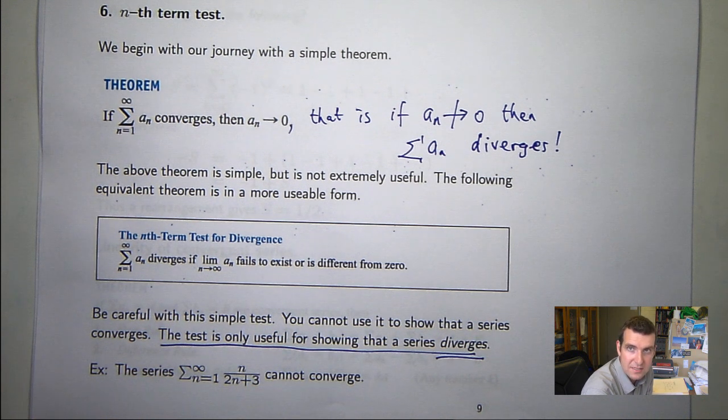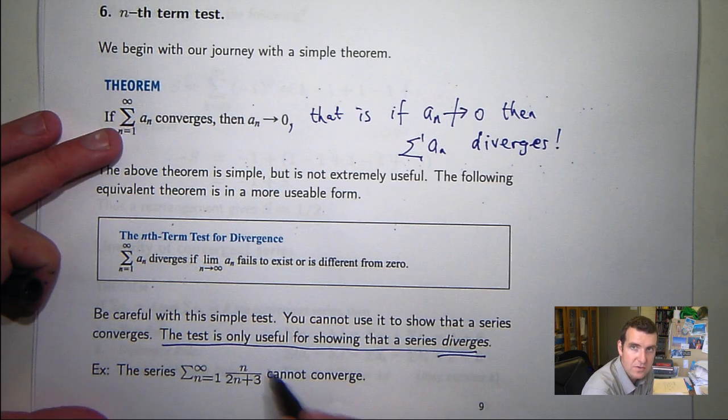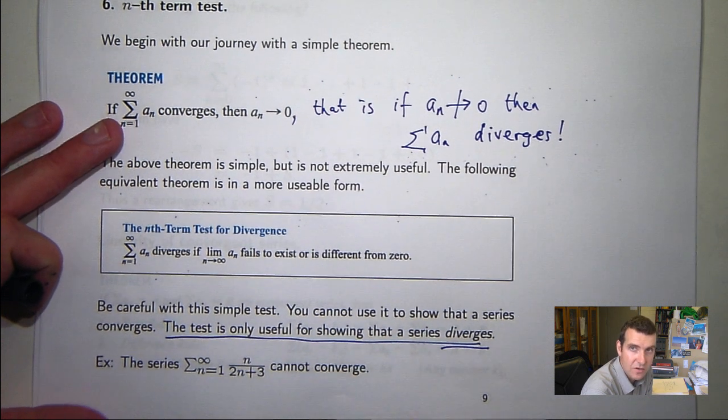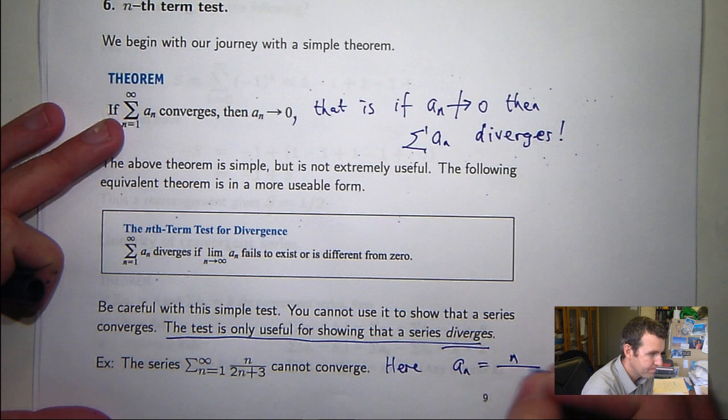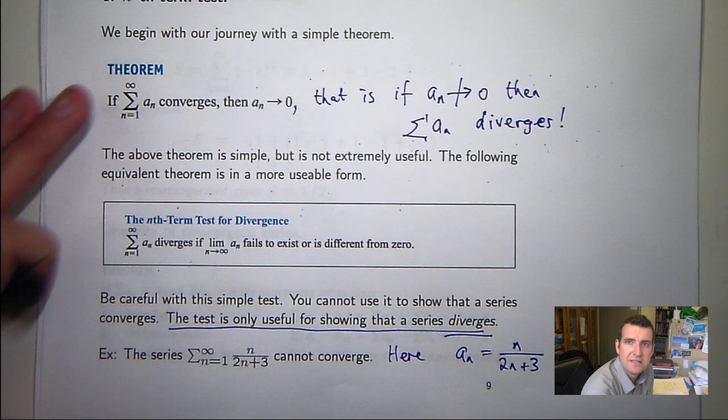No, not necessarily. You just don't know. So I really want to stress that the nth term test is only useful when you want to show a series diverges. You cannot use the nth term test to show a series converges. It's just impossible.